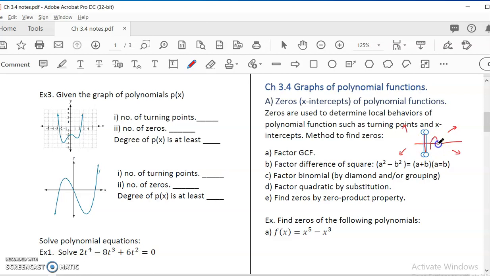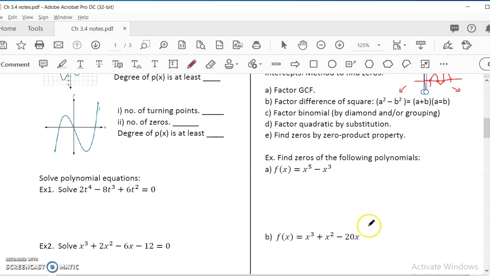Locally, they may wiggle, right? Sometimes they cross the x-axis, sometimes they just turn. When they cross the x-axis, the y-coordinate is 0, so it becomes a zero of the polynomial. So by solving for zeros, we know the points where it touches the x-axis.